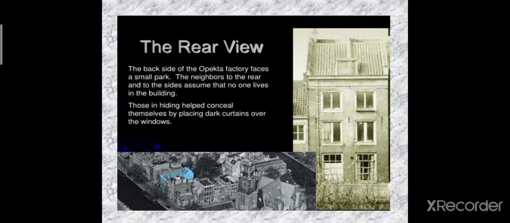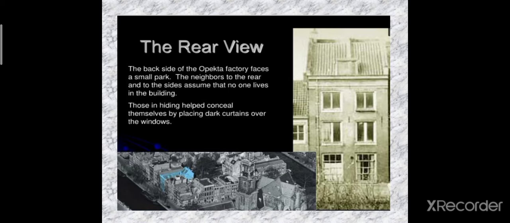And this is a view of the building where they hid themselves for almost 2 years. In the bottom photo, you can see a building highlighted in blue color, which was the main building. On the front side, Otto Frank's office used to work. That was Otto Frank's office building. In the front rooms, the office was running, and in the back rooms they used to live.